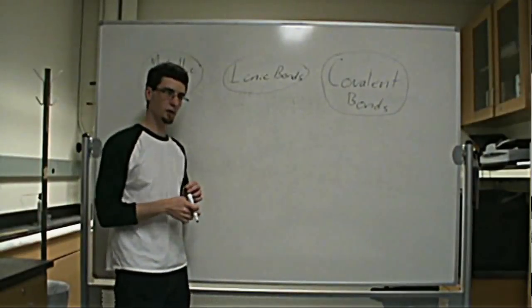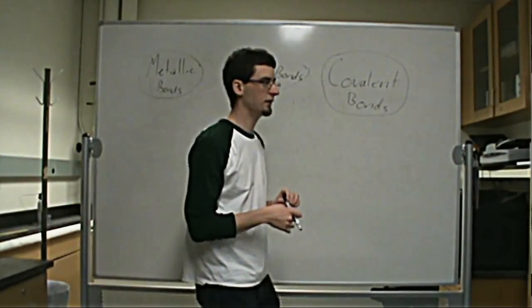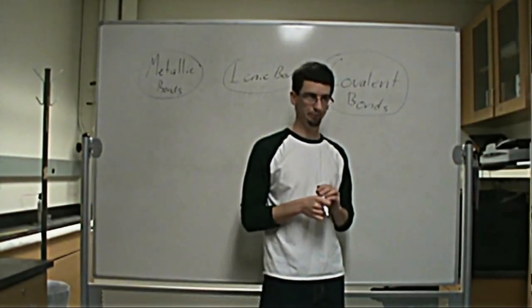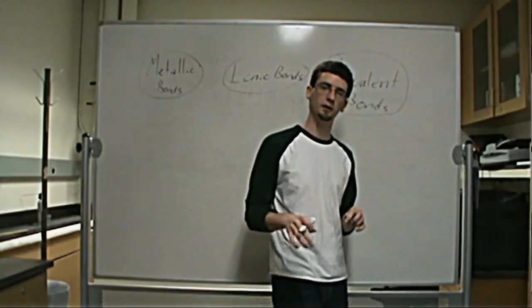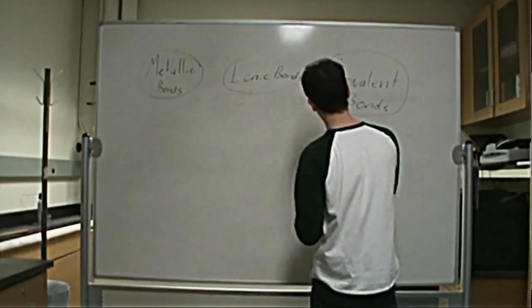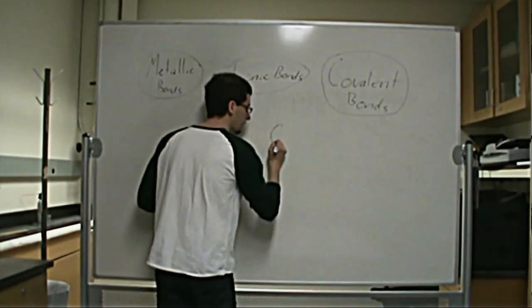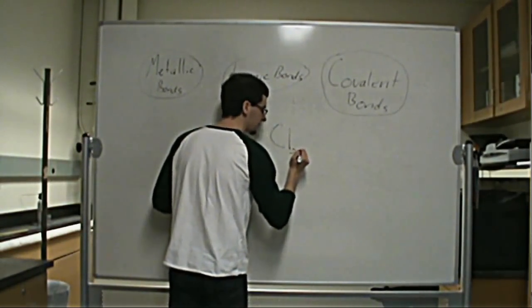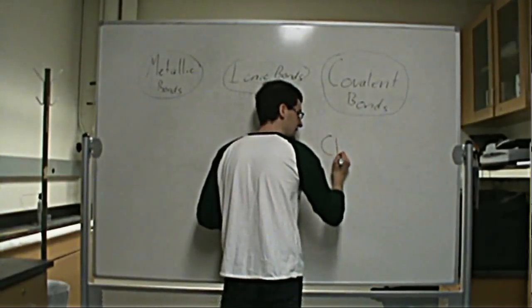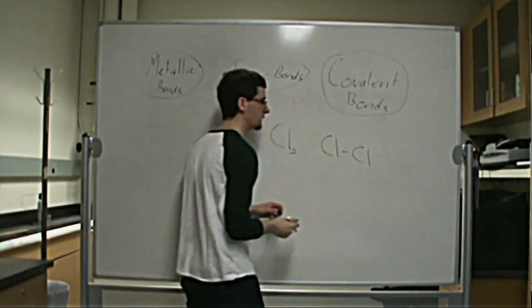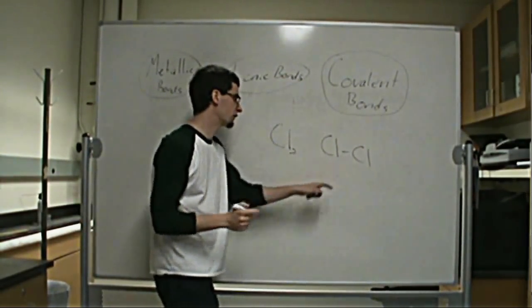Now, covalent bonds. Covalent bonds are whenever you have bonding between a non-metal and a non-metal. An example of a covalent bond would be Cl2. You have two chlorines, and they're sharing the electrons between them.